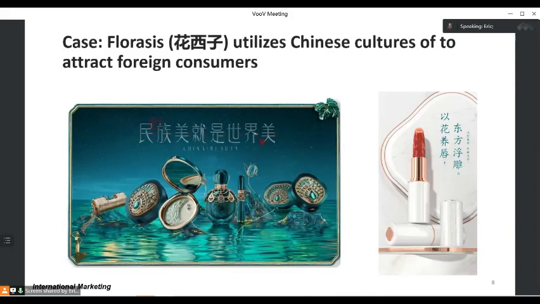And about this culture, another example is the makeup brand Florasis. It's a Chinese brand, a new brand. First of all, let us see this picture. This is the product of Huaxizi Florasis.